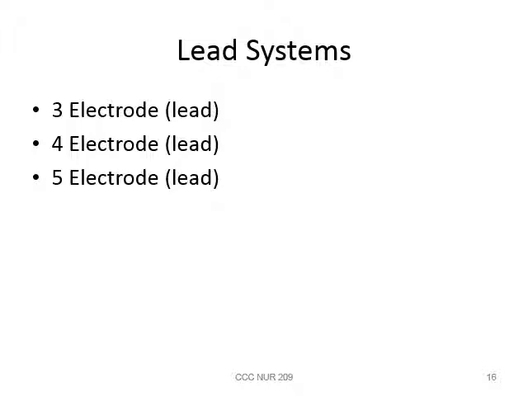That means we're looking at the heart from 12 different directions, not that there are 12 leads connected to the patient. Just like when we connect patients using either 3, 4, or 5 electrodes, we can look at the heart at many different angles. So when we talk about lead systems, we're talking about the number of electrodes that are attached to the patient.